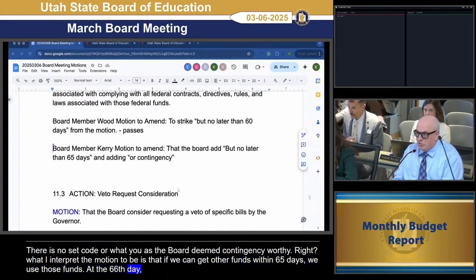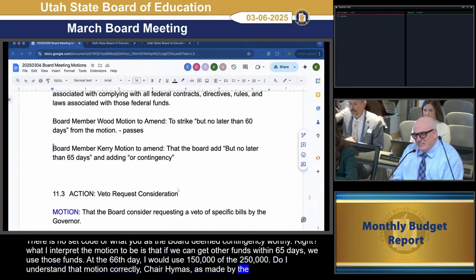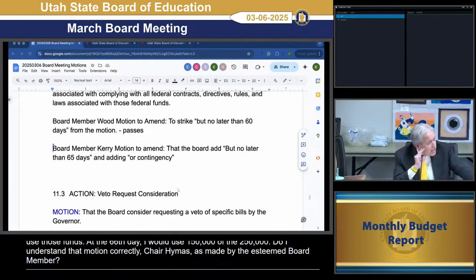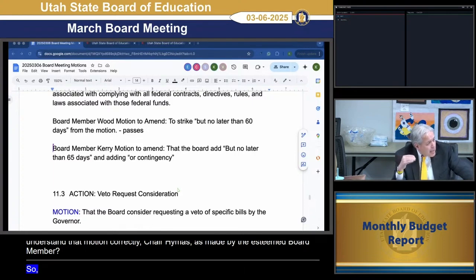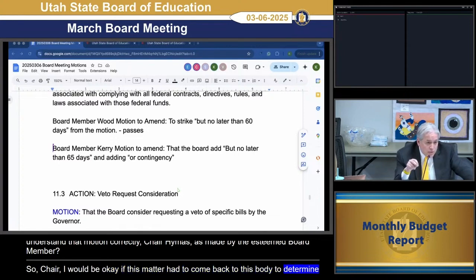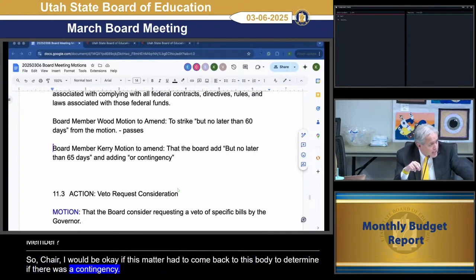Do I understand that motion correctly, Chair Hymas, as made by the esteemed board member? Chair, I would be okay if this matter had to come back to this body to determine if there was a contingency. I understand what you're saying now, and I think you're right. I never intended for this motion to substitute a separate determination.